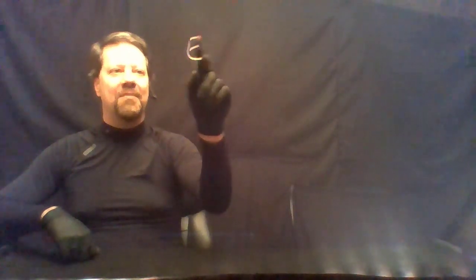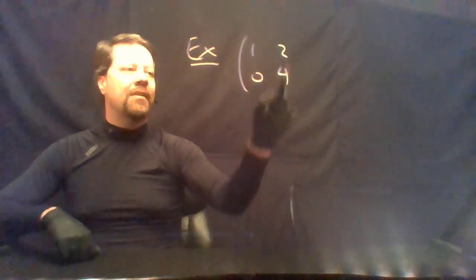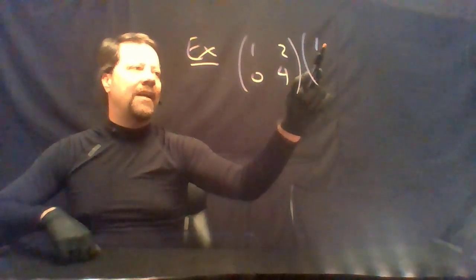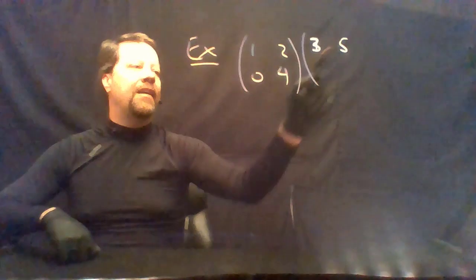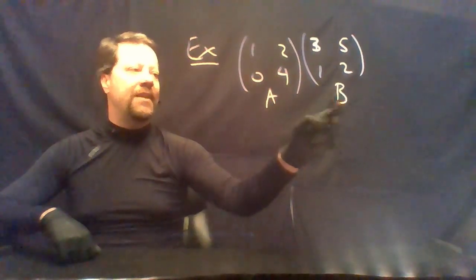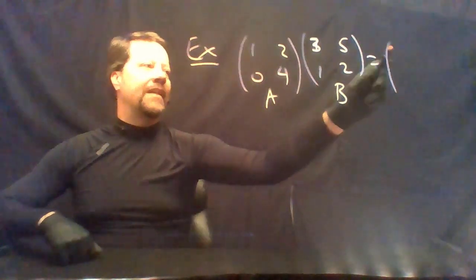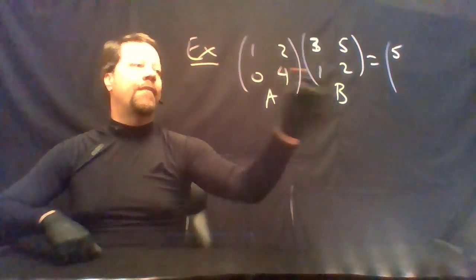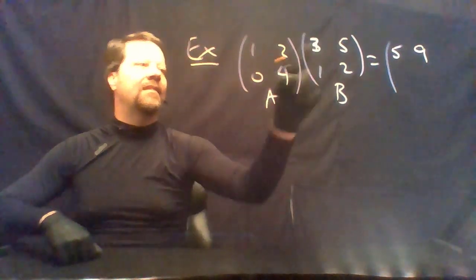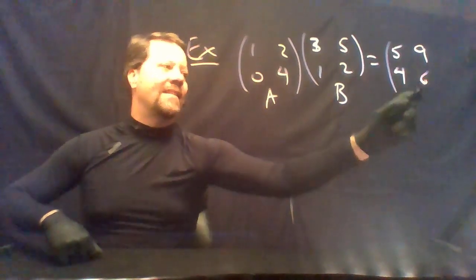Now I want you to see something. Suppose I have 1, 2, 0, 4, and I multiply that by, let's say, 3, 5, 1, 2. Let's call this the matrix A and this the matrix B. What do I get? 3 and 2 makes 5. 5 and 4 makes 9. 0 and 4 makes 4. 0 and 8 makes 8.